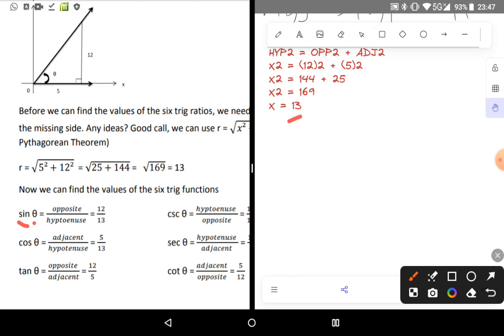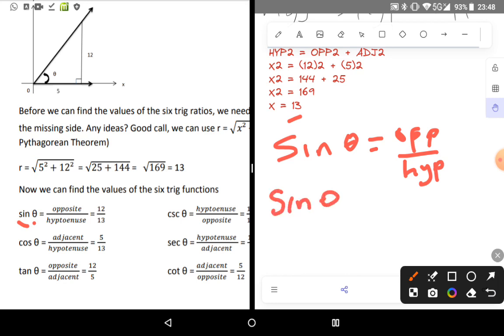So I can say sine theta can be given by saying opposite over hypotenuse, and my opposite is the same as 12.